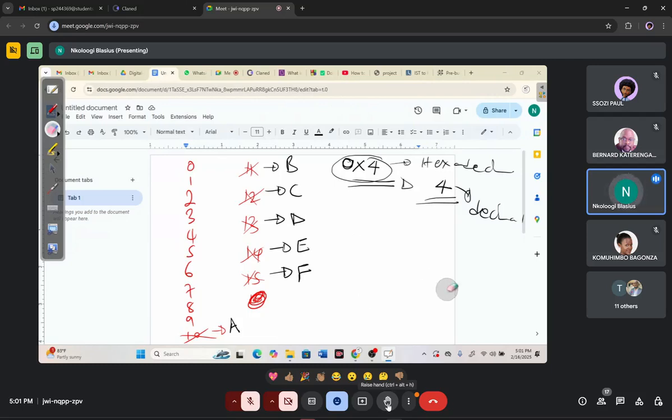Now, assuming we want to look at the 15's complement, we don't differentiate from the other rules.